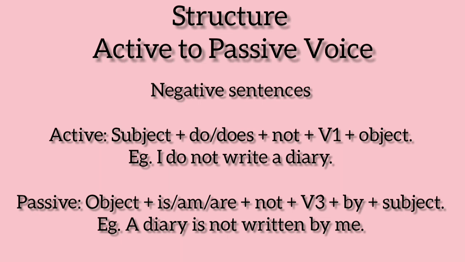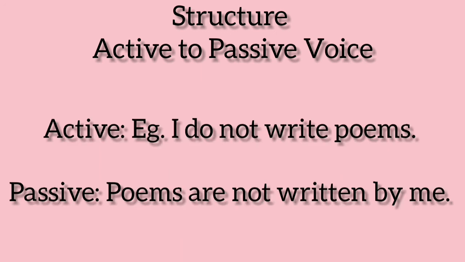For example, if the sentence in active voice is I do not write a diary, the passive voice sentence will be a diary is not written by me. Another example, I do not write poems. Then the passive voice sentence would be poems are not written by me. We need to take care of the auxiliary verb depending on the object in the passive voice.